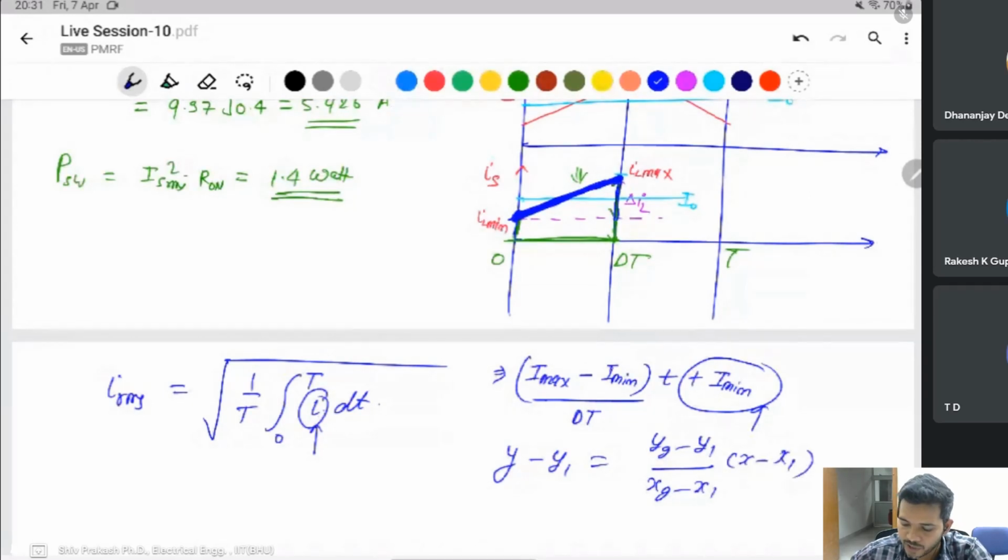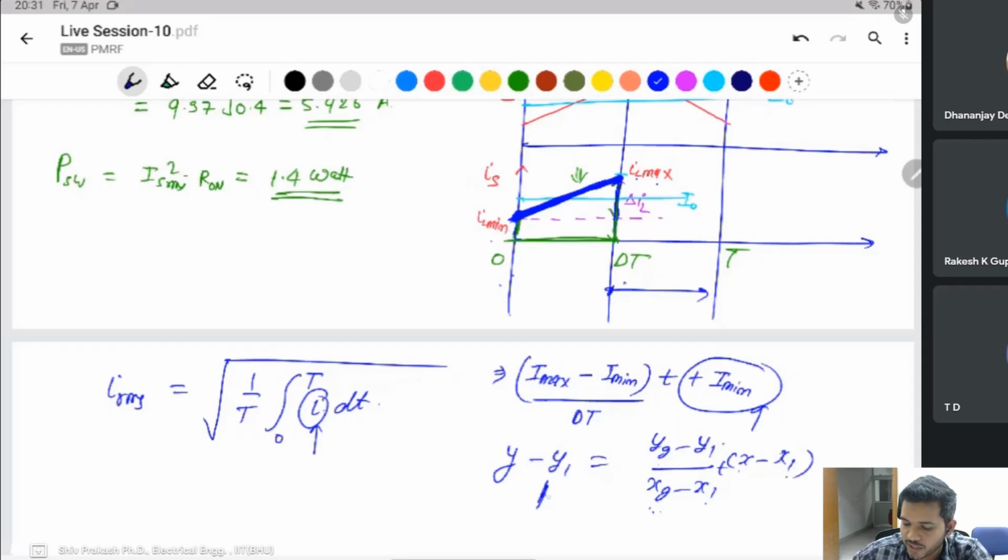Take y2 as the maximum value IL maximum, y1 as I minimum, x2 as dt, the time on this time scale, and x1 as 0. So it is IL maximum minus IL minimum, into x minus x1, where x is t and x1 is 0, so t, plus y1 which is I minimum.